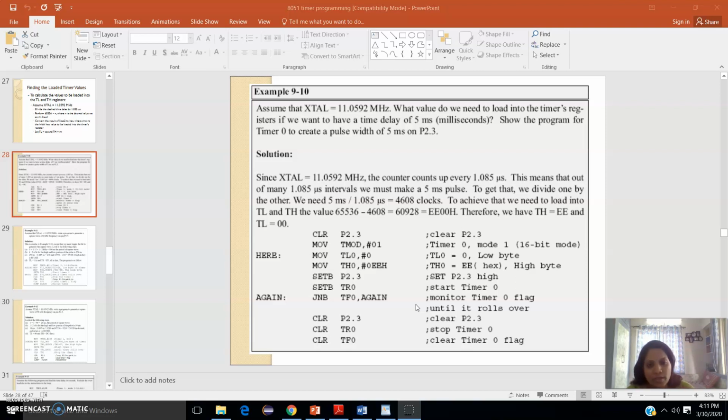We get a value, and we load the TH and TL registers with that value. In this way we can load the TH and TL registers. That was the example in which the time delay is given.